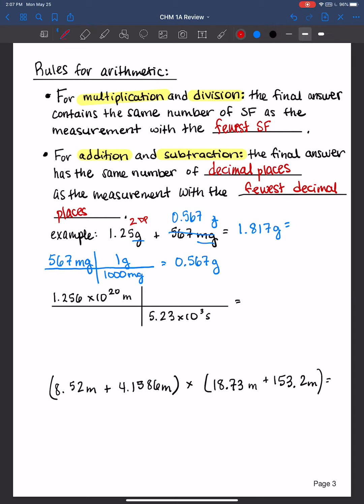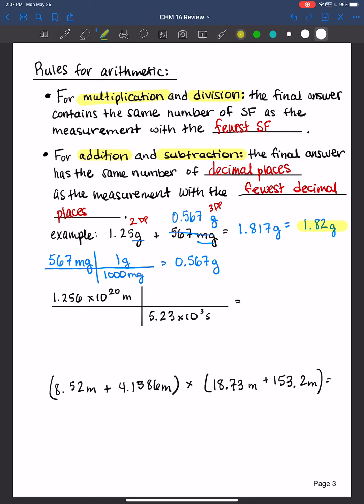Here for 0.567 grams, we have 3 decimal places. So we need to report to the fewest decimal places. So it looks like it will be 2. So your final answer here will be 1.82 grams. And I'll talk about why we rounded up here in a little bit. There you go.